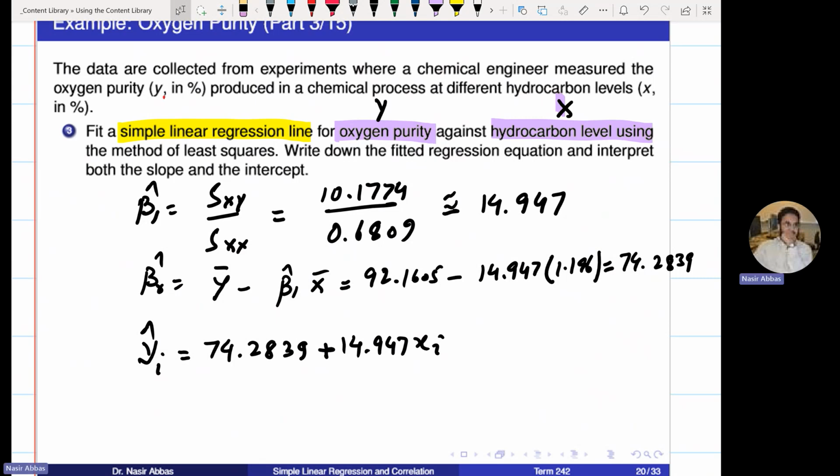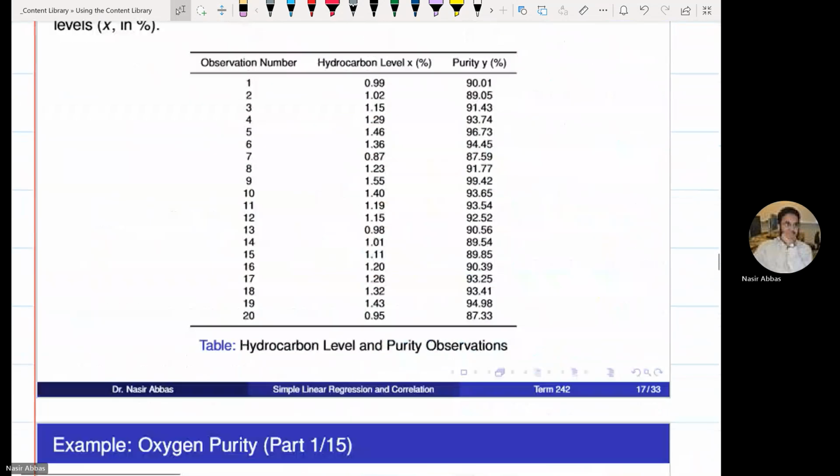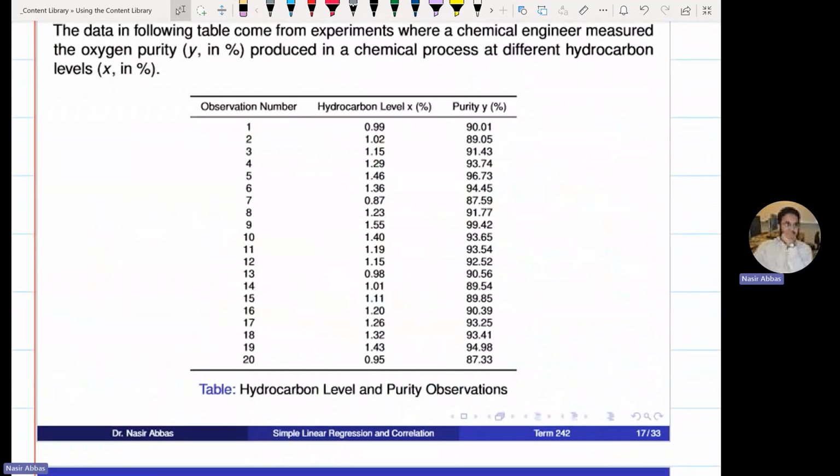Is it correct? Mathematically, yes. Practically, is it correct? Not in the domain. It's not in the domain.